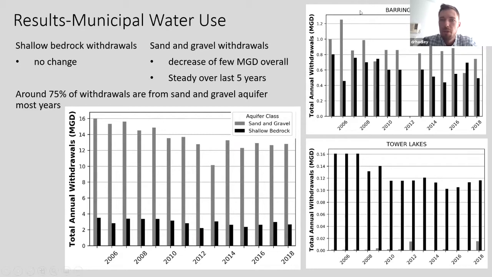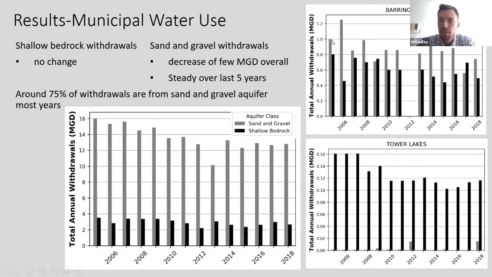And then to the right here are just plots for Barrington and Tower Lakes, which is what we had as the primary community water supplies within BACOG. And you'll notice the magnitude of withdrawals are far less than the total, obviously.